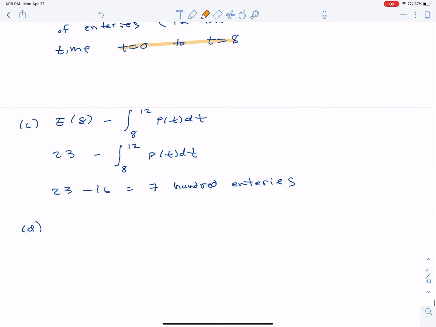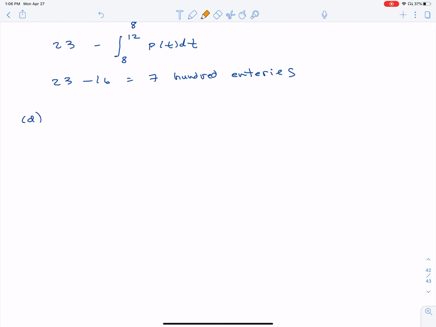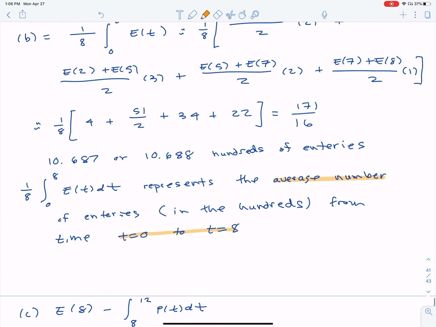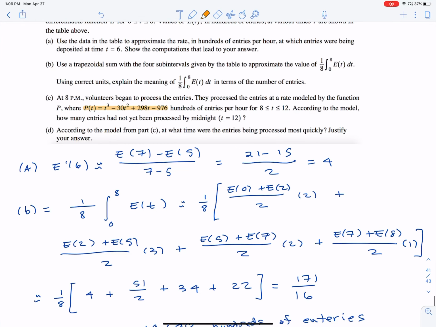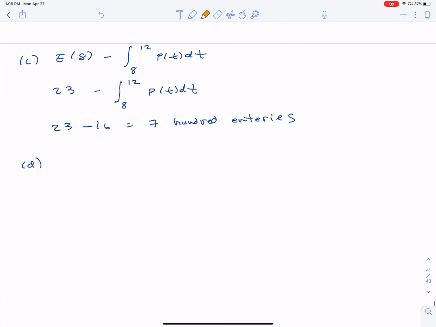So what I'm going to do, in order to find the critical numbers. Now it is asking for a maximum, so you have to be careful, right? A maximum could occur at endpoints or at critical numbers. First off, let's take P prime of t and set it equal to 0.